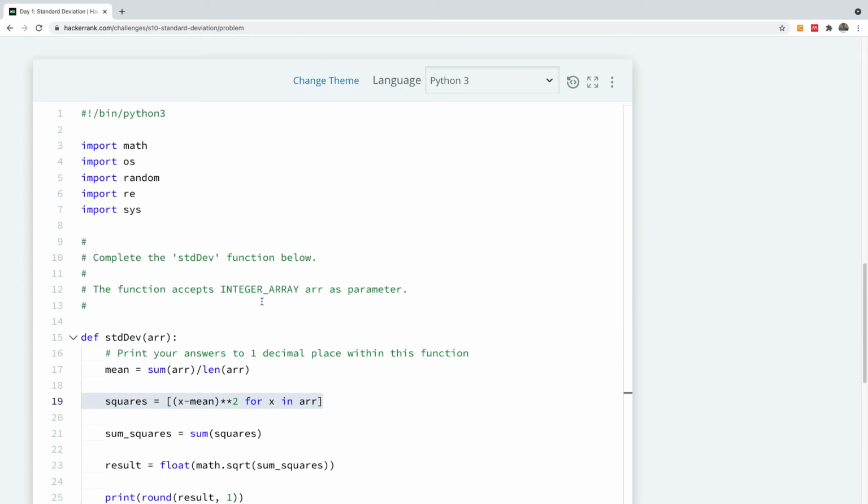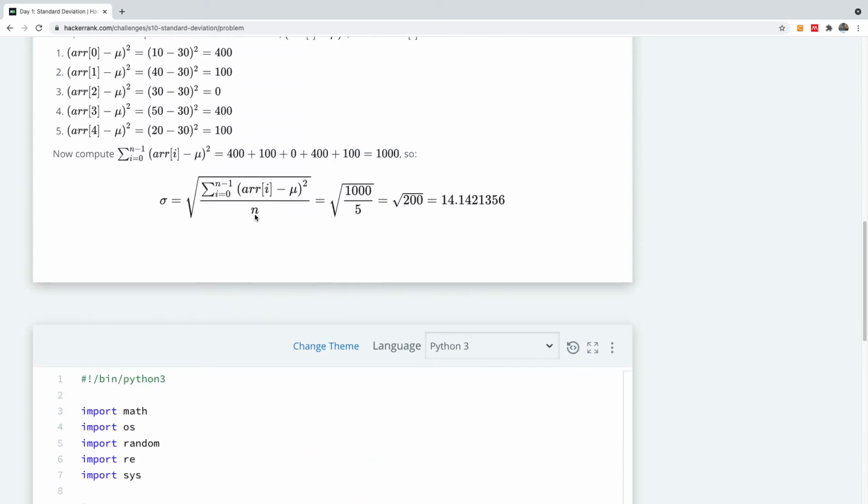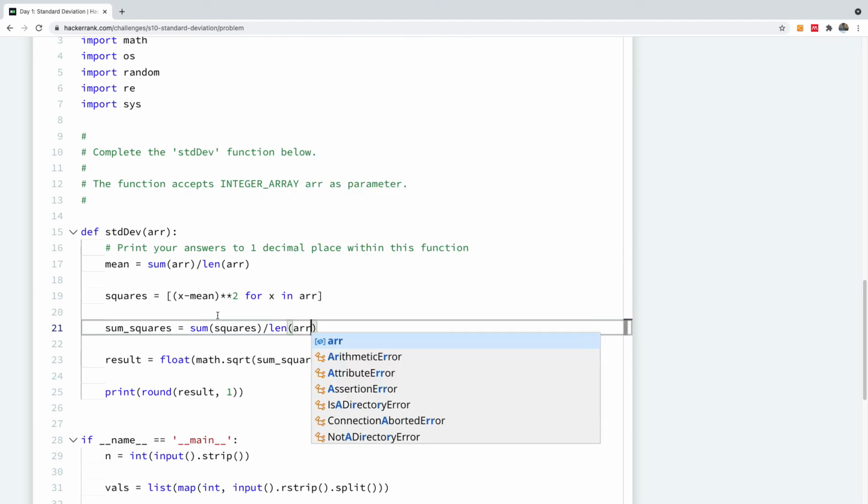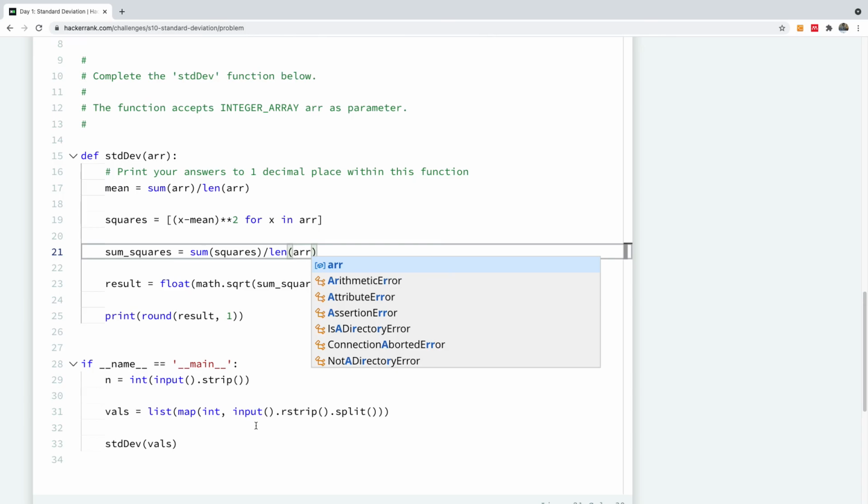We actually need to divide by n. So it's going to be this sum of squares divided by length of ARR. This is what I missed out, and I think everything should be fine.